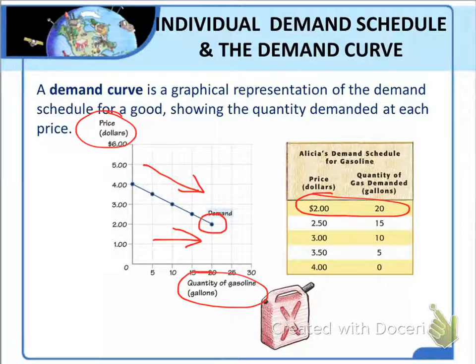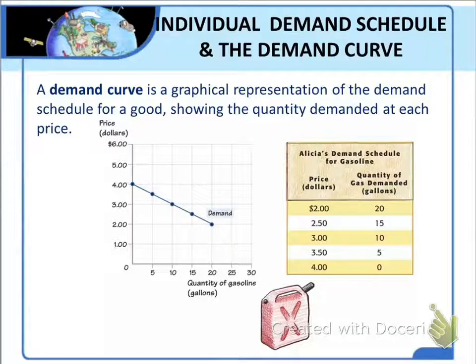For example, if the price falls from $3 to $2, Alicia's quantity demanded rises from 10 to 20 gallons, because we're going from here to here. And so you can see the change.